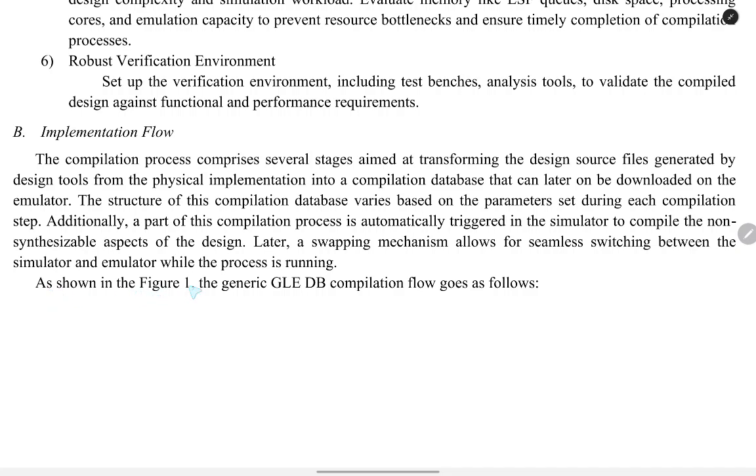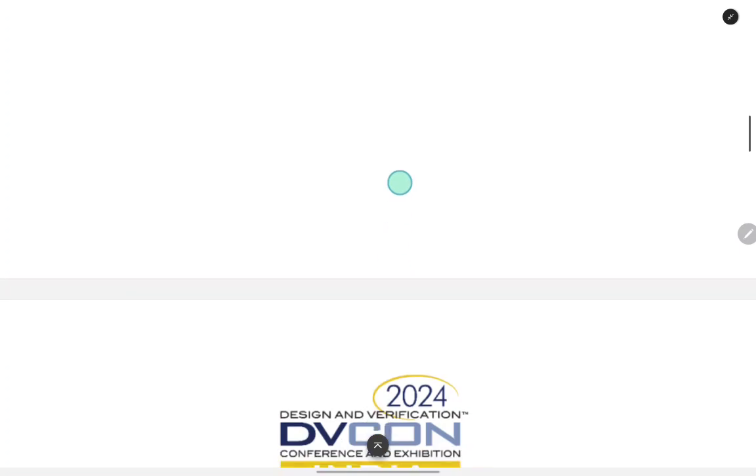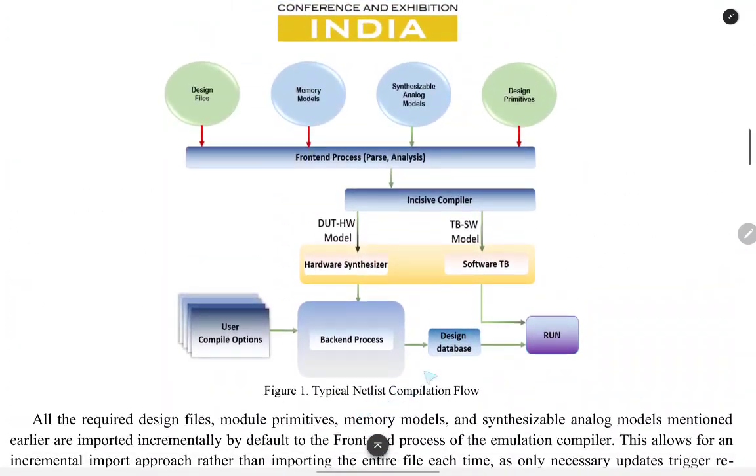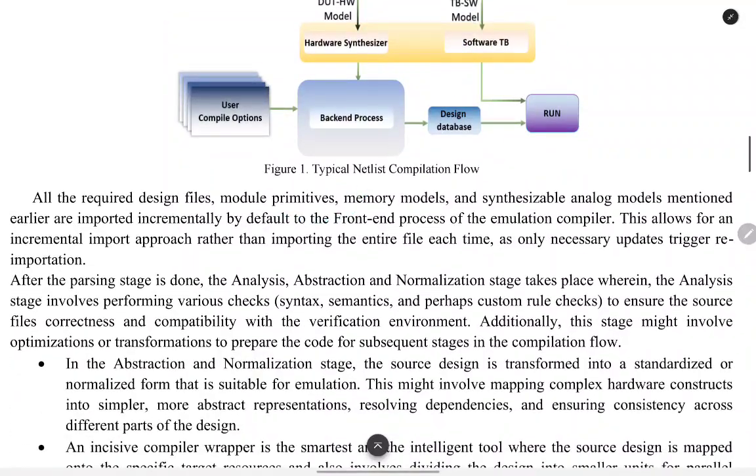As shown in Figure 1, the generic GLEDB compilation flow goes as follows. Figure 1, typical netlist compilation flow. The required design files, module primitive memory models, and synthesized analog models mentioned earlier are imported incrementally by default through the front-end process of the emulation compiler.